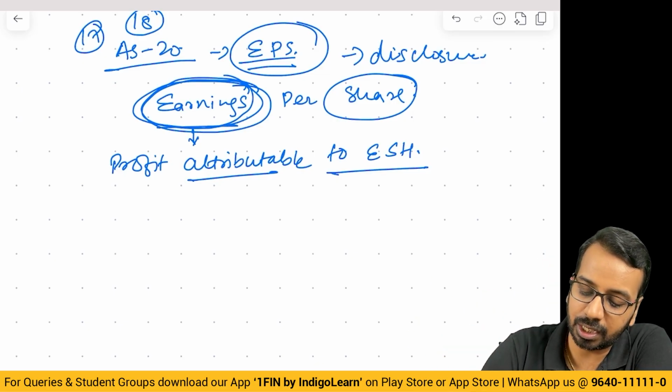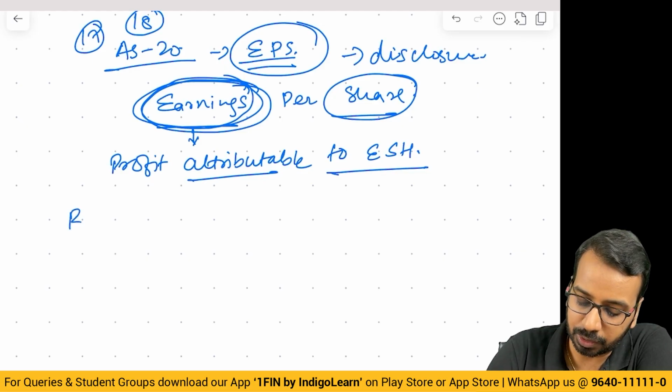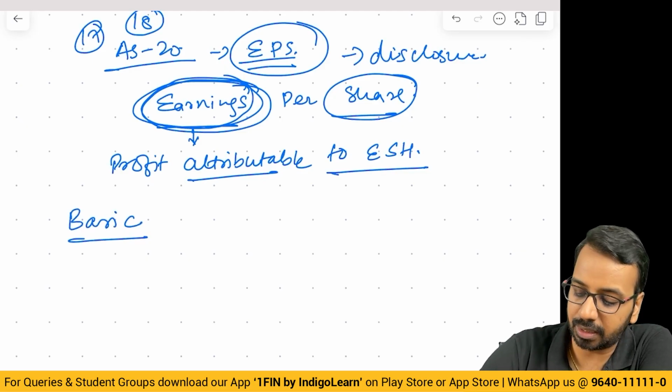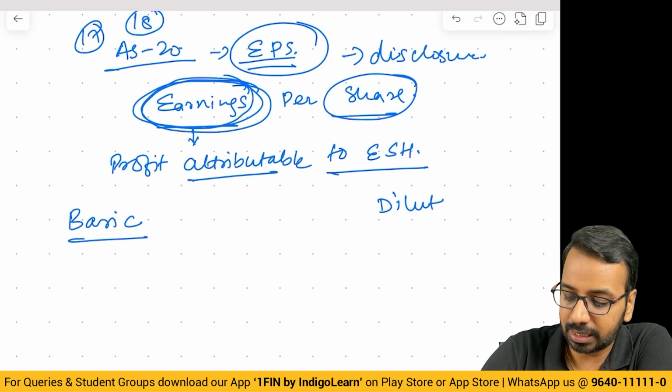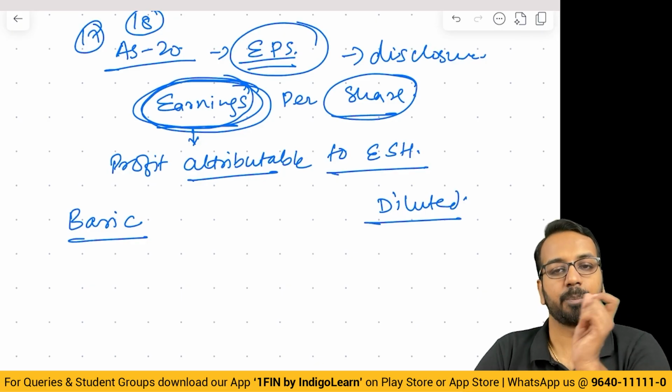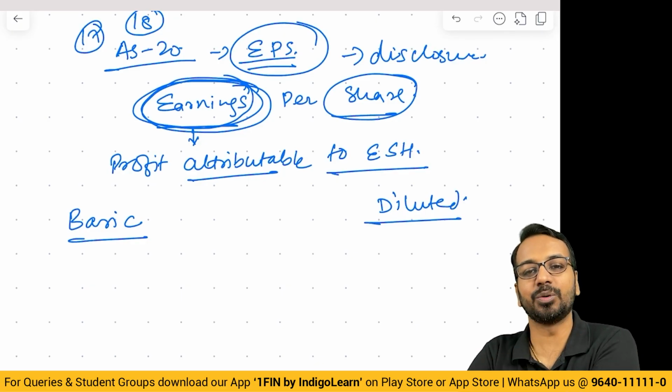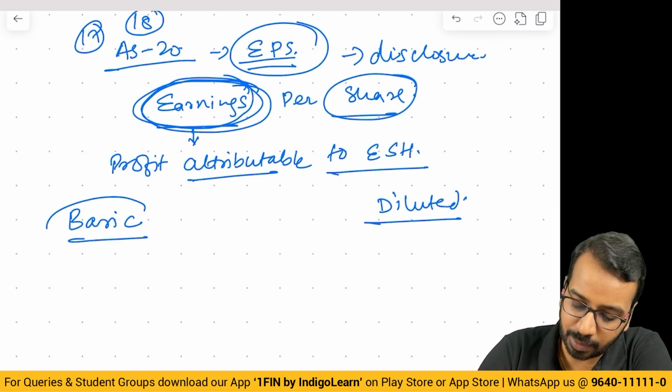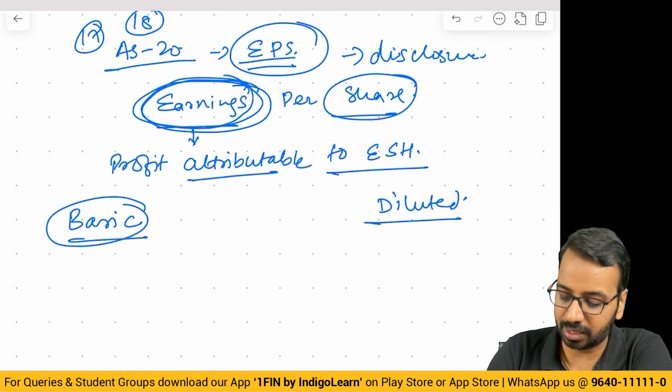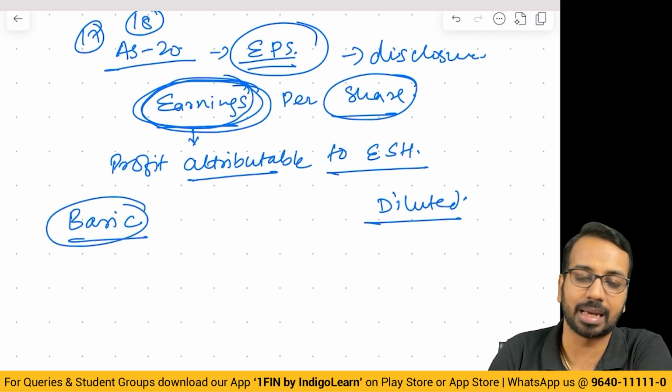So when we say earnings per share, the standard talks about calculating basic earnings per share and diluted earnings per share. When we say basic earnings per share, this is standard, this is normal for all the companies where it is applicable.